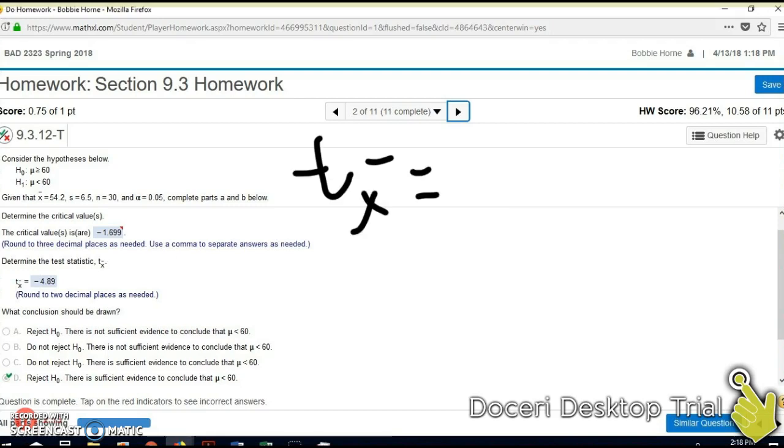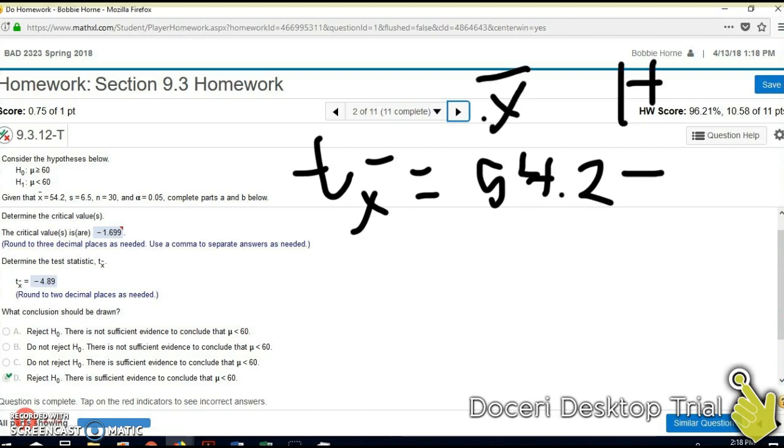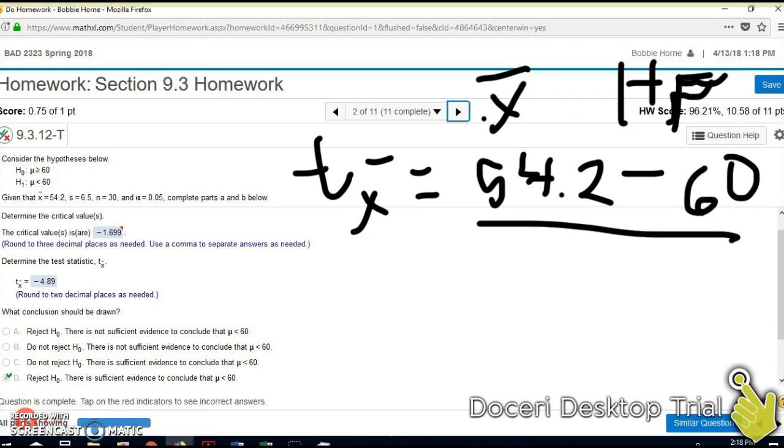To calculate it by hand, you take the sample mean, which is 54.2. Remember, the sample mean is x bar, minus the hypothesis mean, which is 60, divided by s, which is the standard deviation, divided by the square root of n, which is 30.